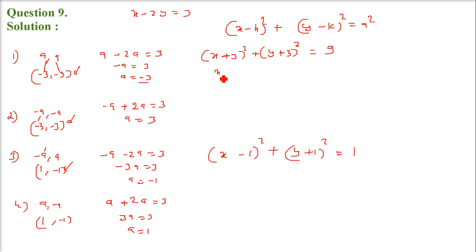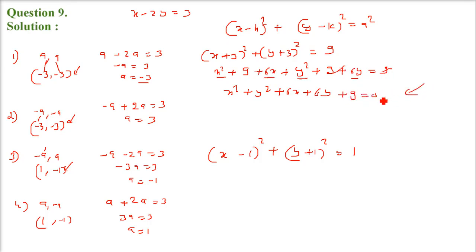Let us open this. x square plus 9 plus 6x, plus y square plus 6y plus 9, equals 9. So x square plus y square plus 6x plus 6y, and 9 gets cancelled, plus 9 equals 0.